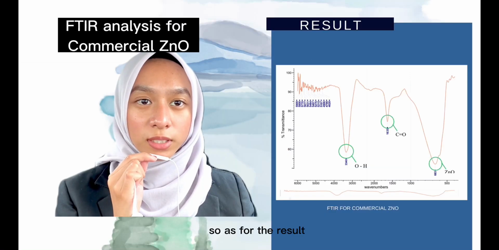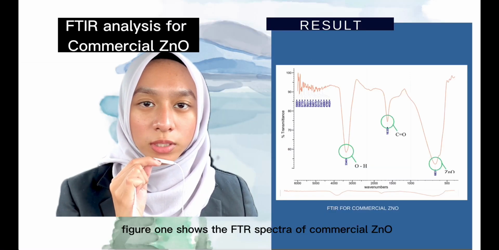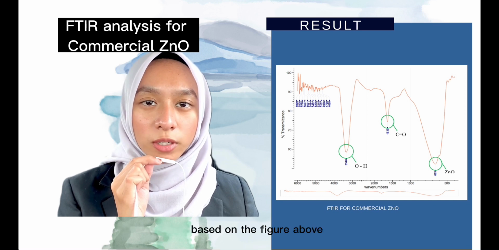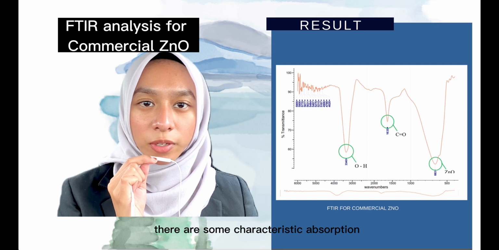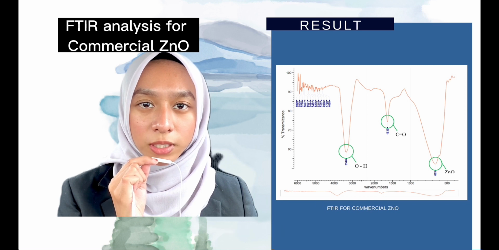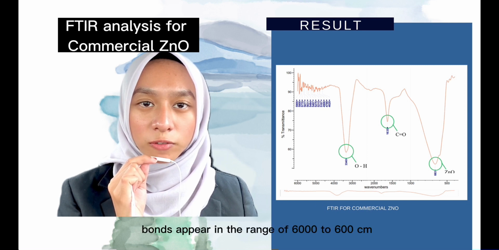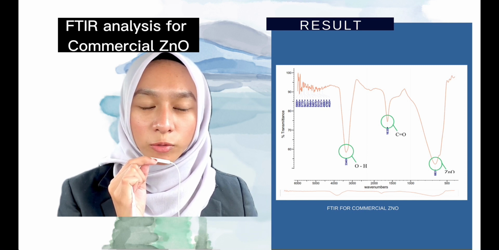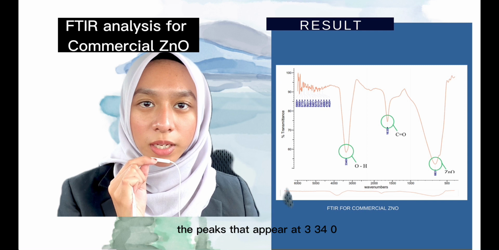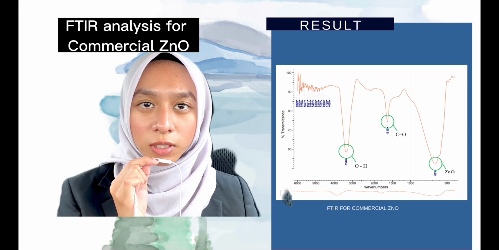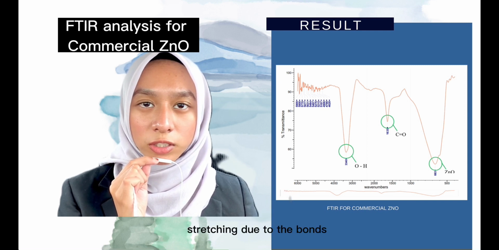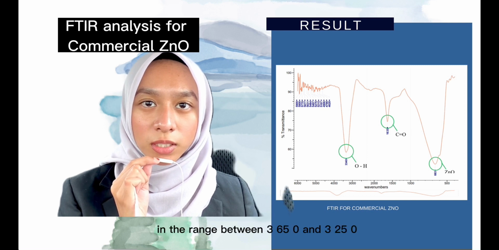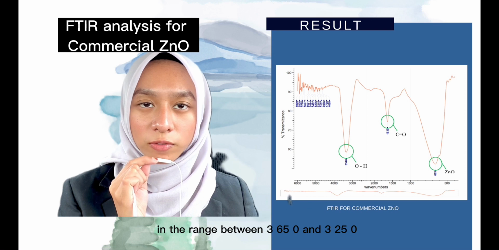So, as for the result, Figure 1 shows the FTIR spectra of commercial ZnO. Based on the figure above, there are some characteristic adsorption peaks appearing in the range of 4000 to 600 cm-1. The peak that appears at 3340 represents the OH stretching due to the broad adsorption band in the range between 3650 and 3250.